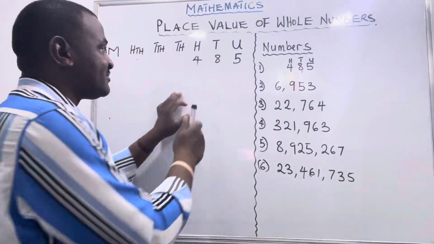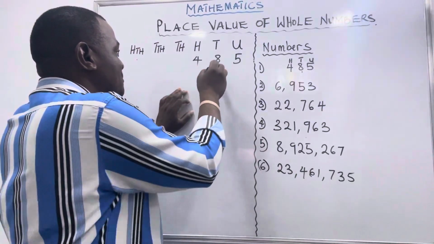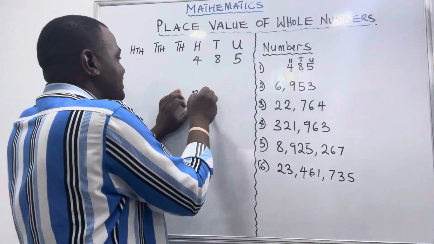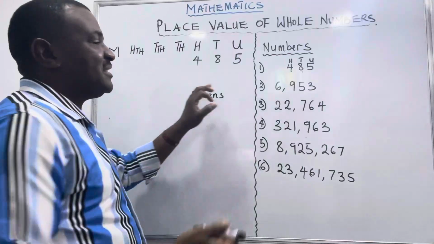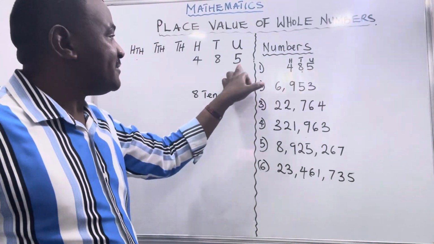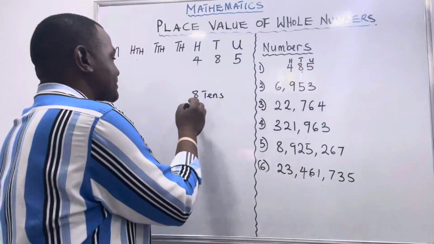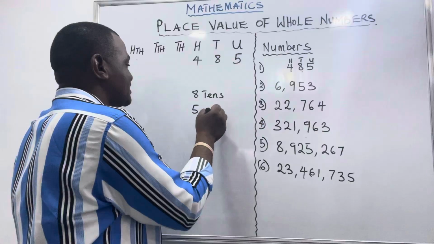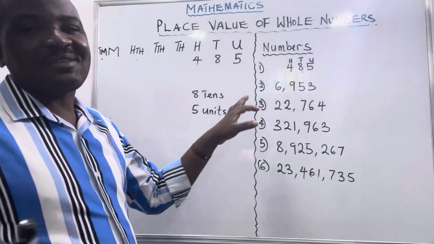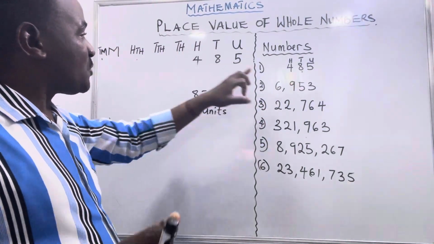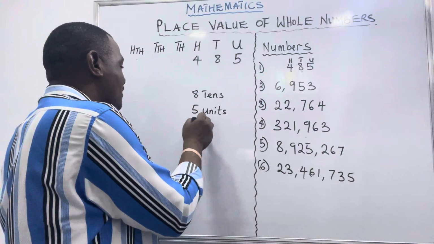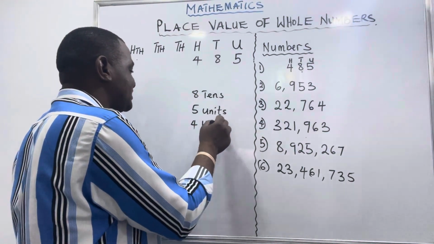Tens. That is 8 tens. The place value of 5 is what? Units. 5 units. And the place value of 4 is what? 4 hundreds.